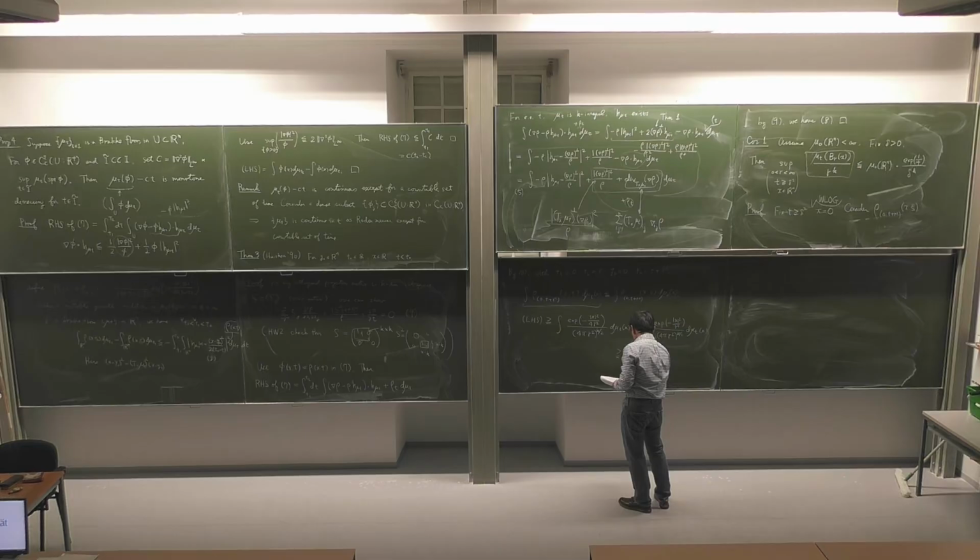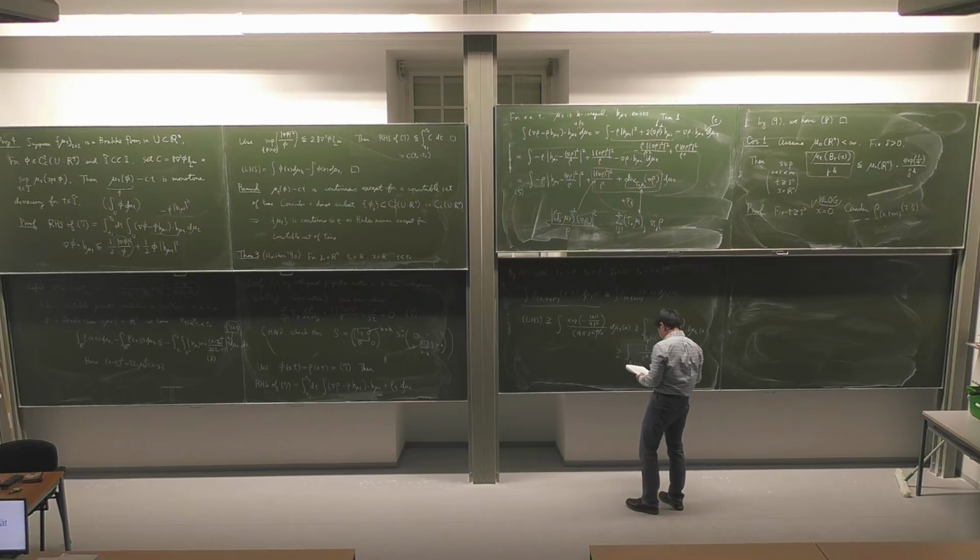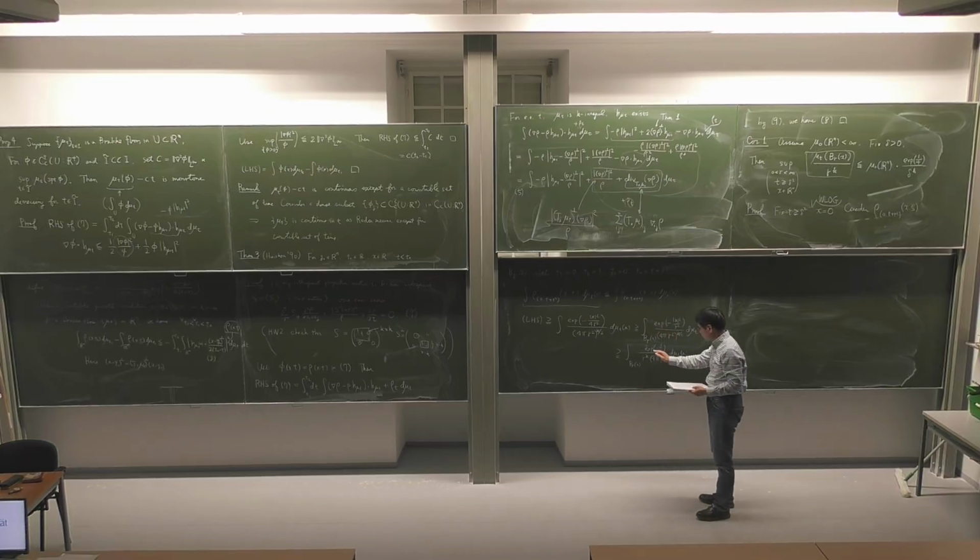And so this is nothing but mu t of the ball of radius r at 0, and you can bound this from below by r to the k, over 4 pi to the k over 2, times this exponential of minus 1 over 4 or something. So at least you get some constant here.